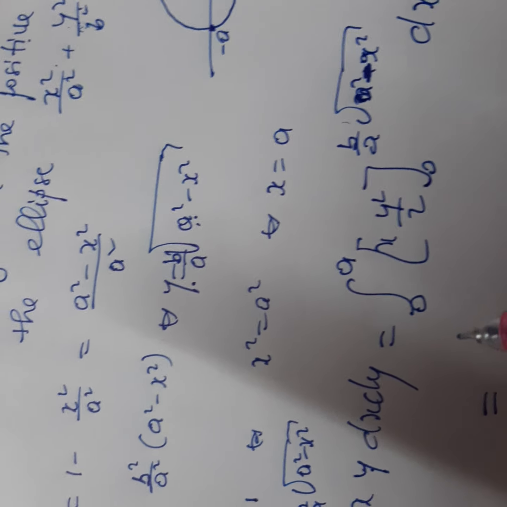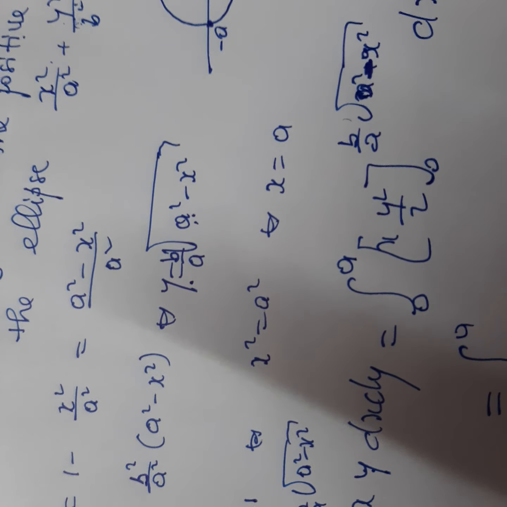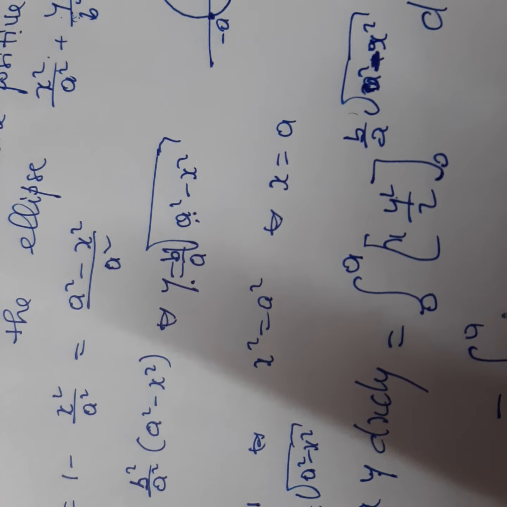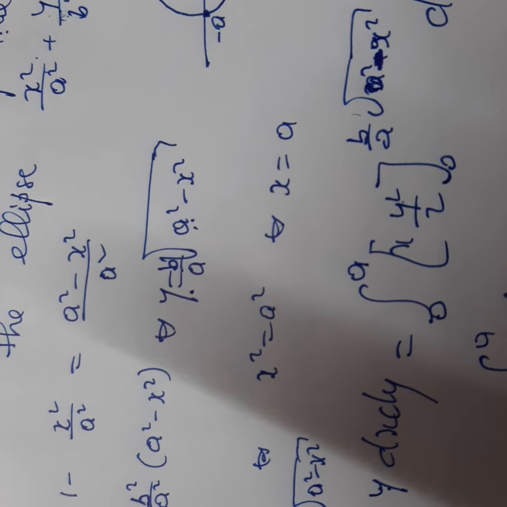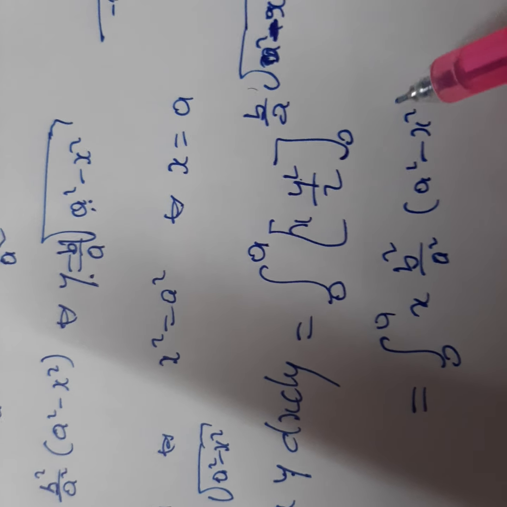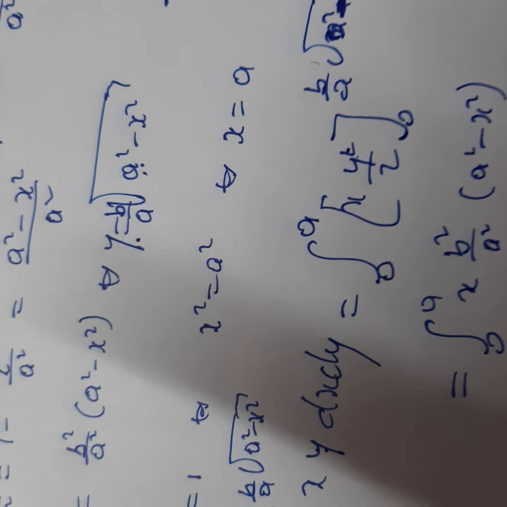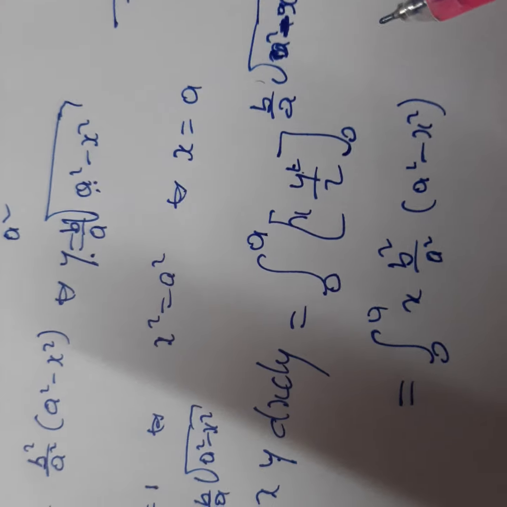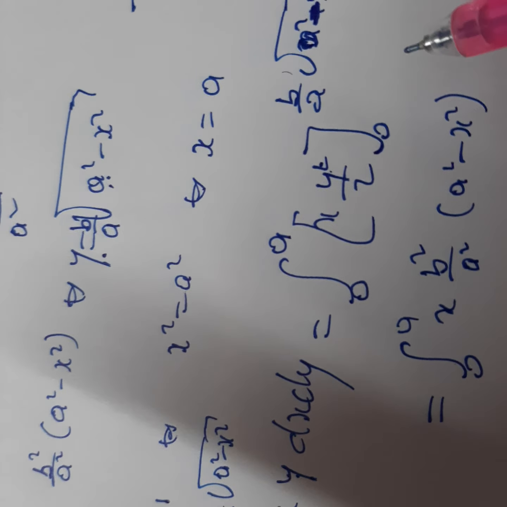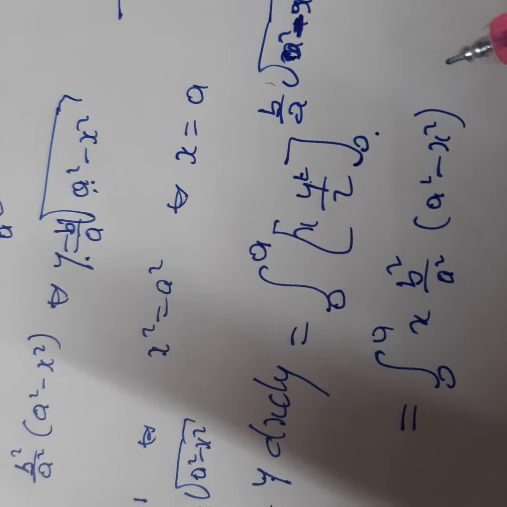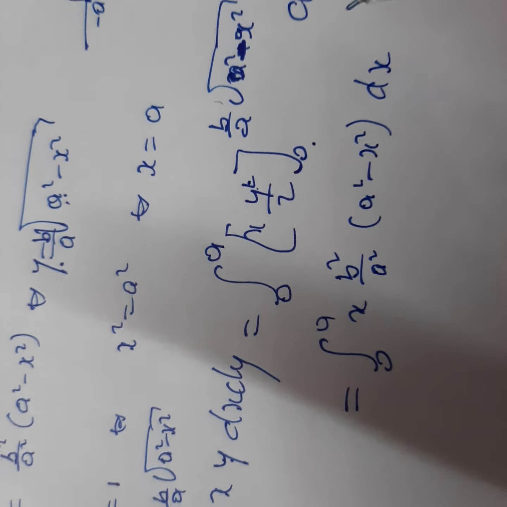If I put the upper limit, I get x b square by a square into a square minus x square, because the 2 will get cancelled with this root, and the 2 will get cancelled. Then if I substitute the lower limit, I'll get 0. So this one only I have.